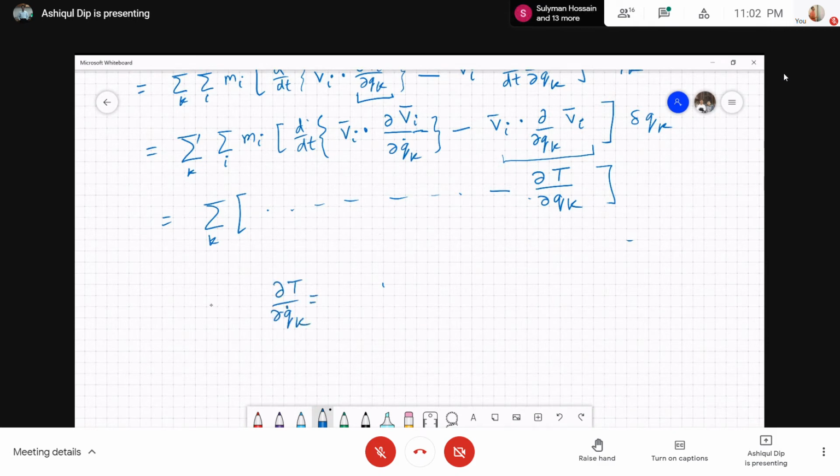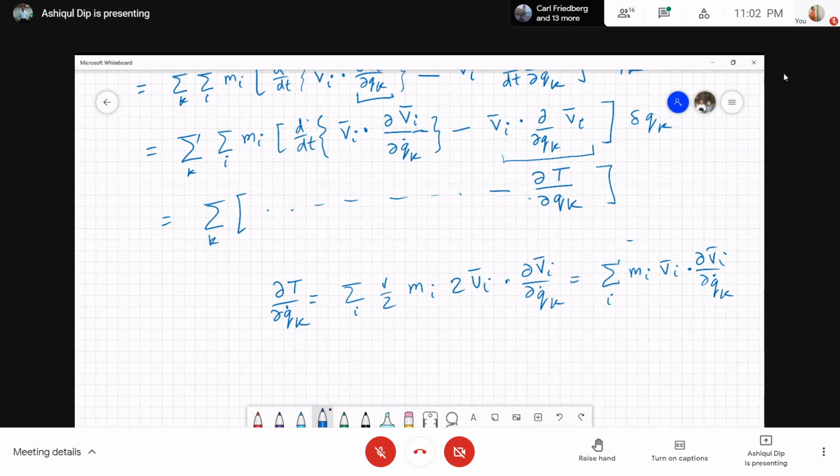This is nothing but sum over i of 1/2 m_i multiplied by 2 v_i dot ∂v_i/∂q_k dot. So this again becomes sum over i of m_i v_i dot ∂v_i/∂q_k dot.